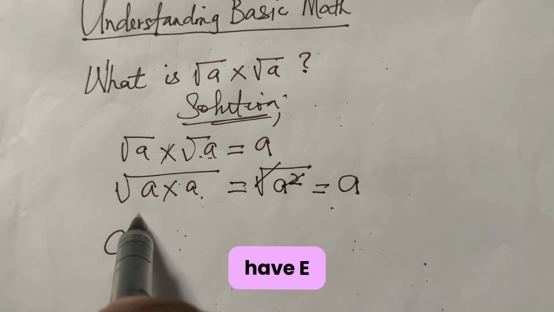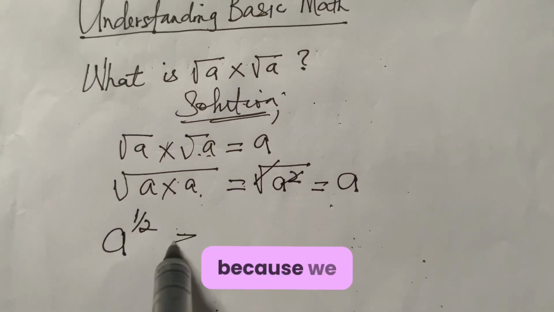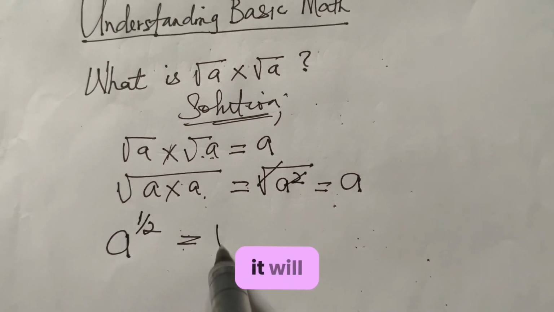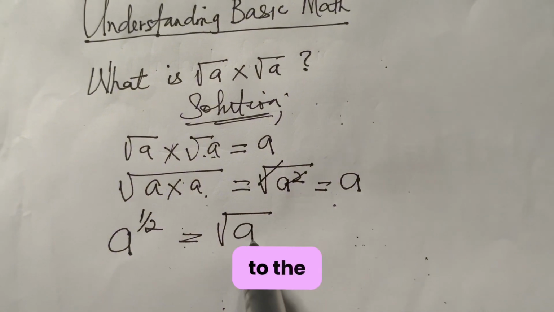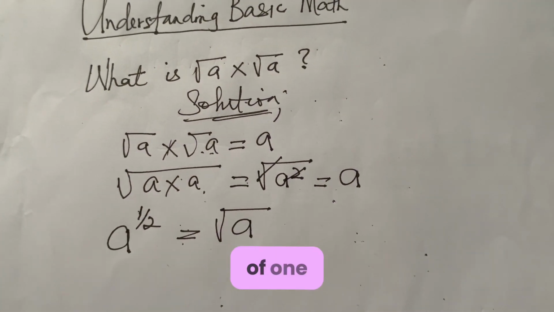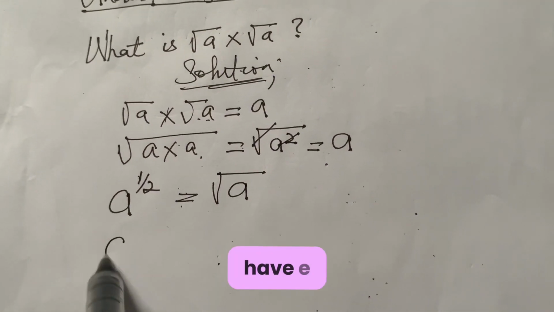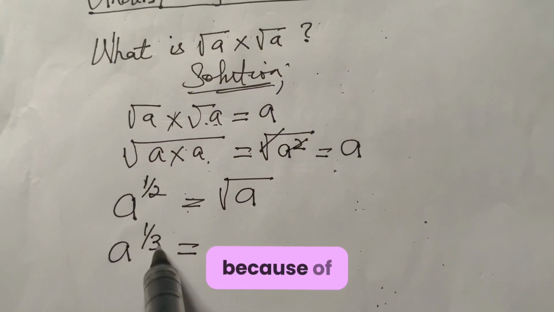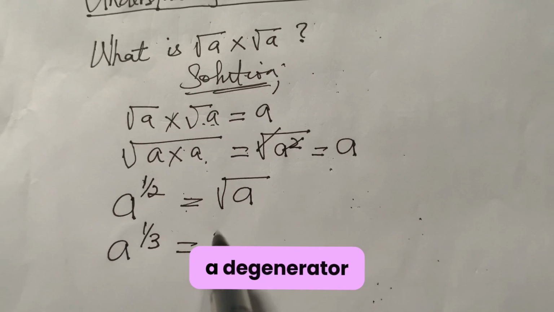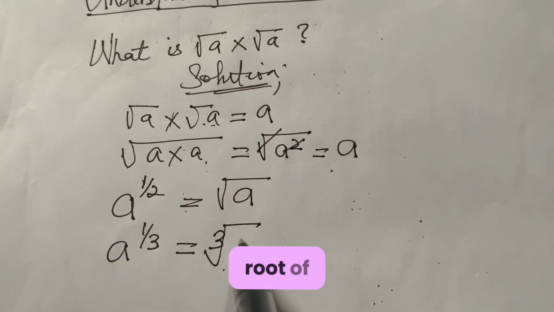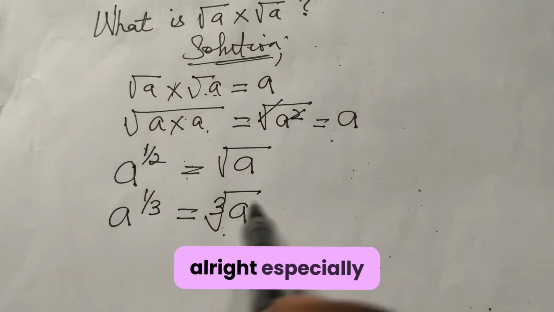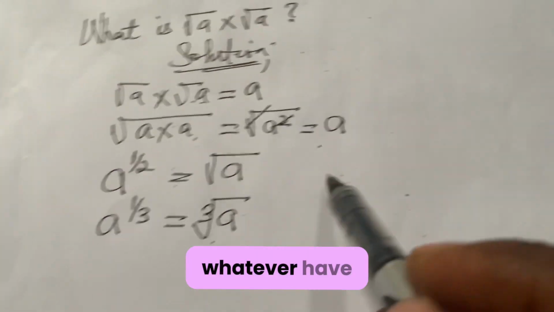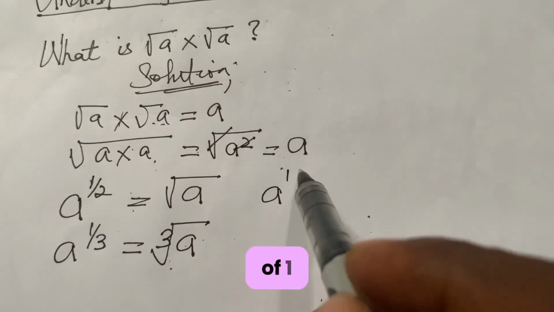If I have a to the power of 1 over 2, because we have the denominator to be 2, it will just automatically change to the square root of a raised to the power of 1. If I have a to the power of 1 over 3, it will automatically change to the cube root of a, because of the 3 we have at the denominator, raised to the power of 1. What if I have a to the power of 1 over n?